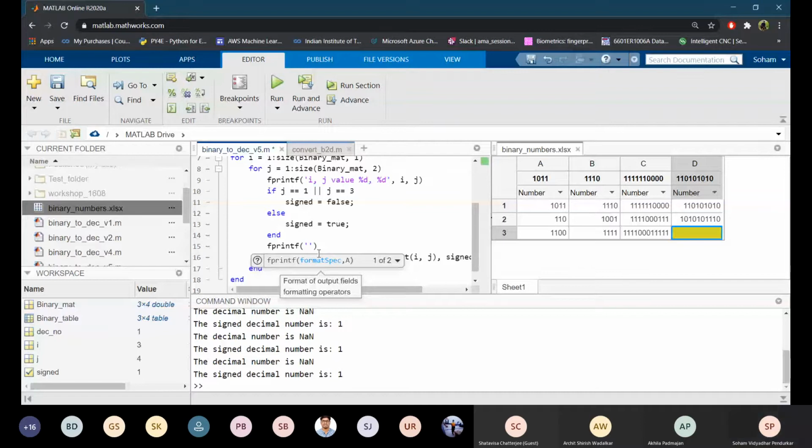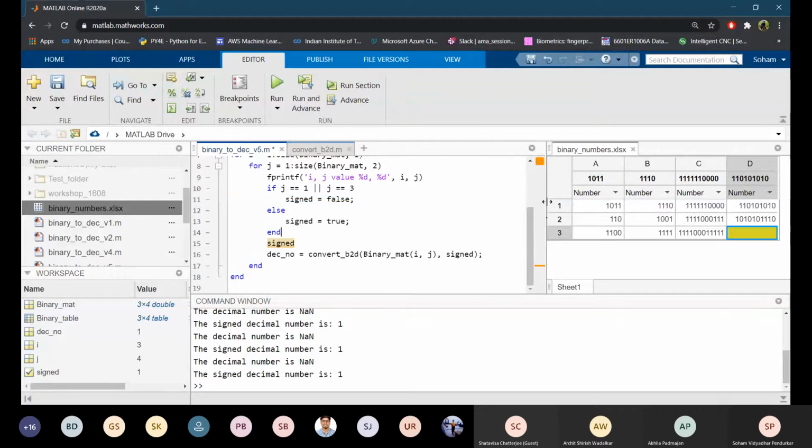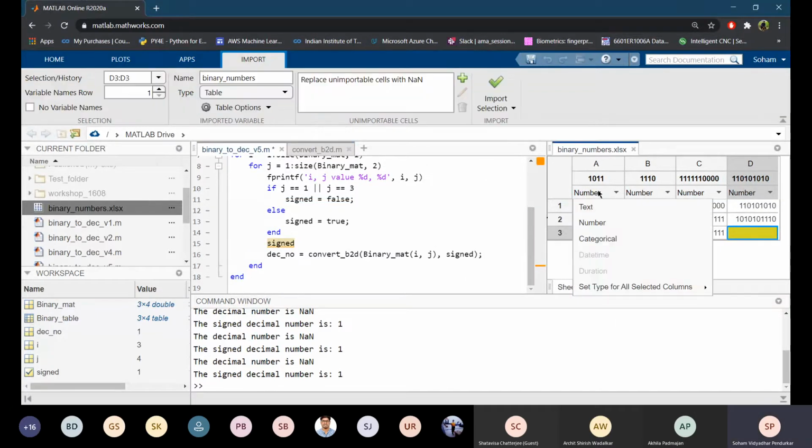Since it is true, let's just print out signed. Okay, and let me go and modify this XLSX a little bit.